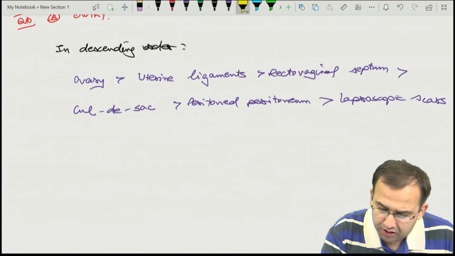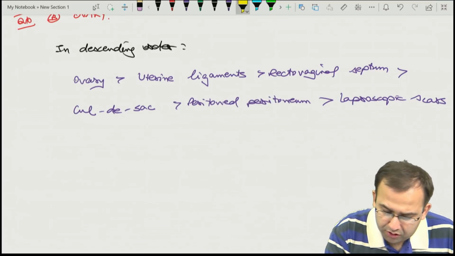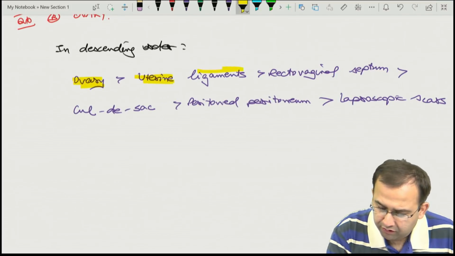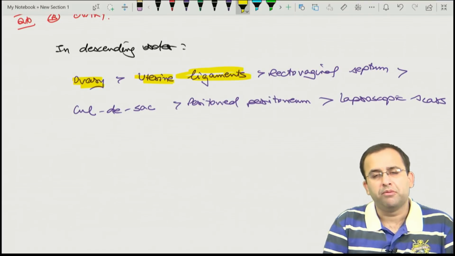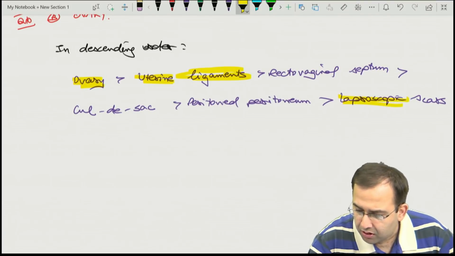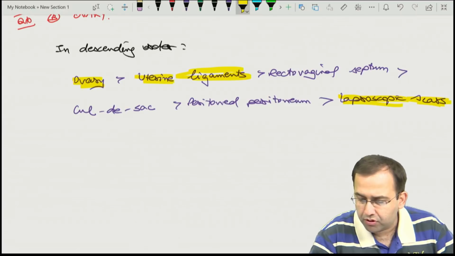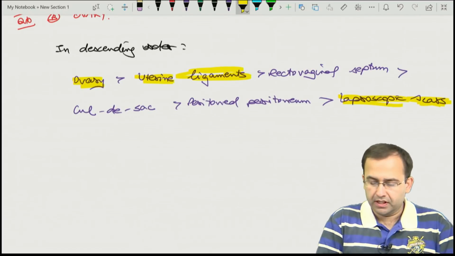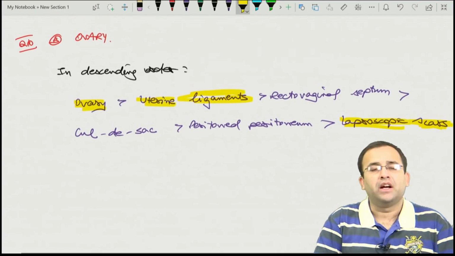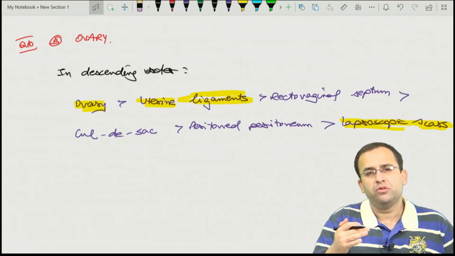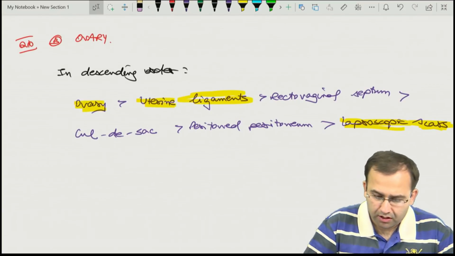So the points to be remembered were: most common is ovary, followed by uterine ligaments, and one of the least common sites is laparoscopic scars. This is endometriosis, that is presence of endometrial tissue outside the uterus.